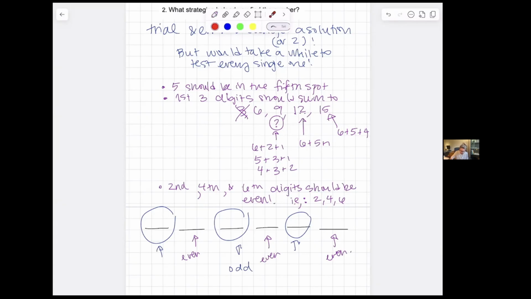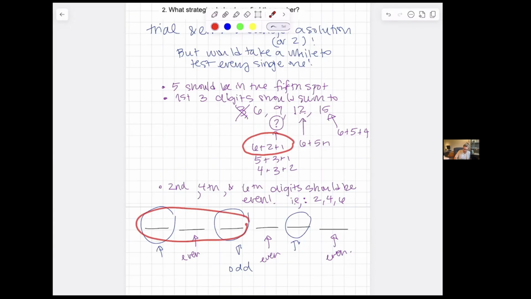So that actually tells me quite a bit about what some of these sums can be. For instance, if I now look at the first three digits, that tells me that some of these combinations that I was looking at aren't going to work. For instance, one way to get 9 is 6 plus 2 plus 1. And I think that I can't have 6 plus 2 plus 1 here.